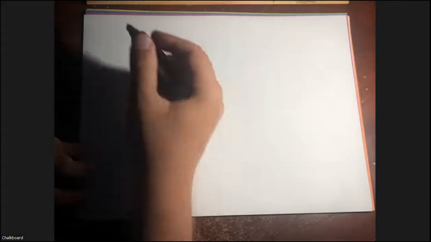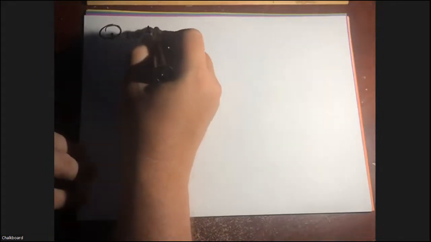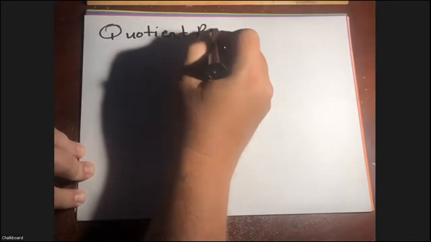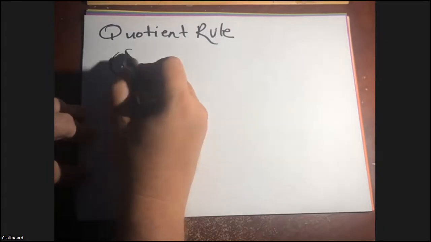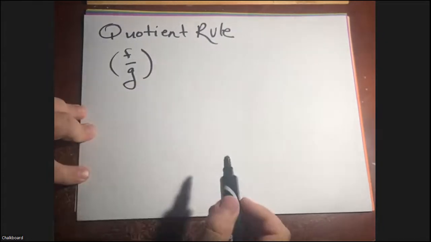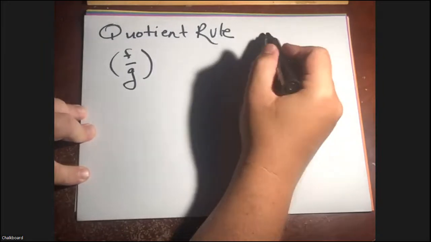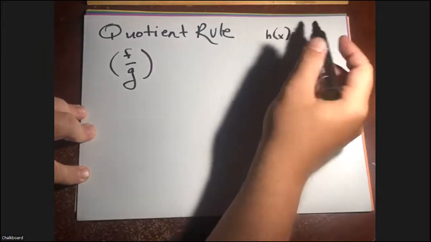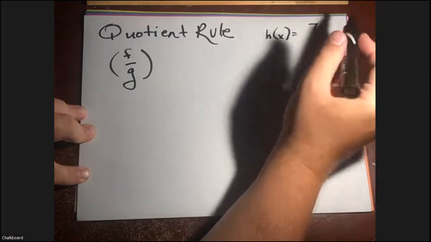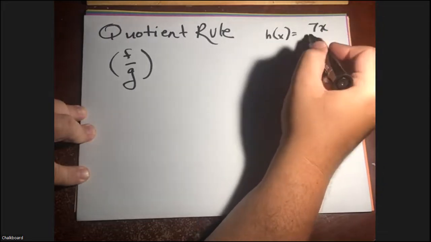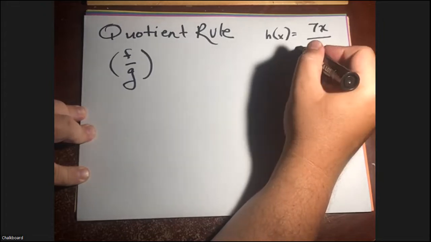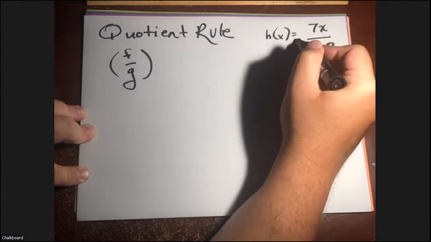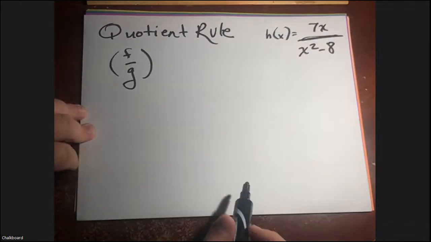In the same case, here comes the quotient rule now. The quotient rule would be, if I had the derivative of f over g, if I had a function that looked like f over g, let's say that was your function.